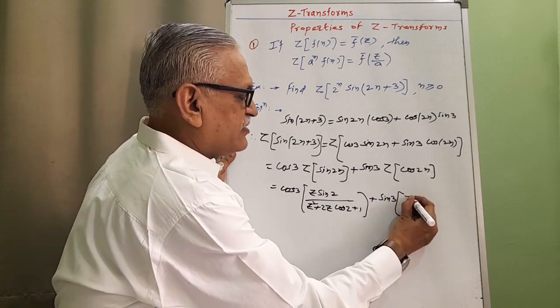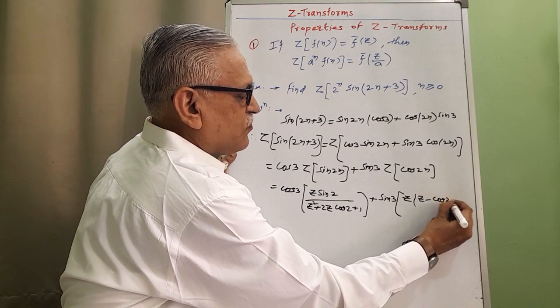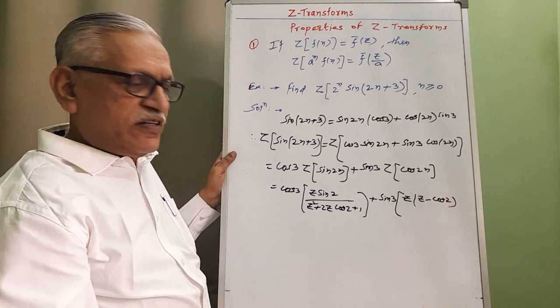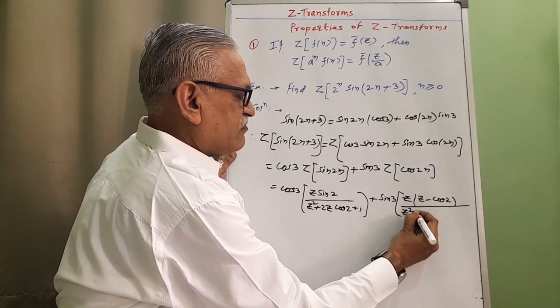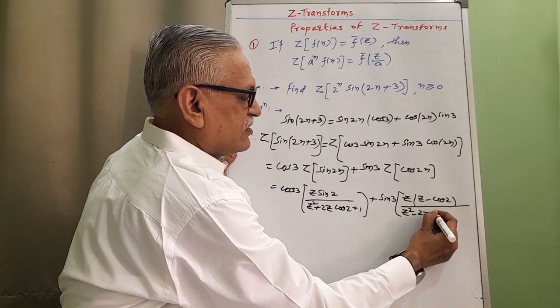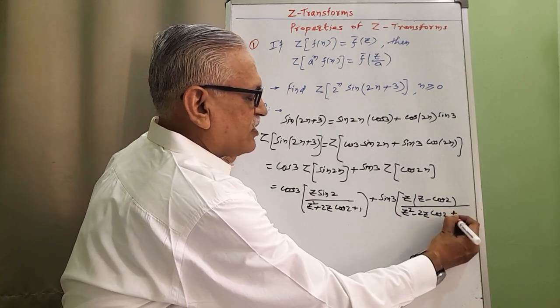Standard result: z into z minus cos omega, cos of 2, omega is here 2, divided by z square minus 2z cos 2 plus 1.